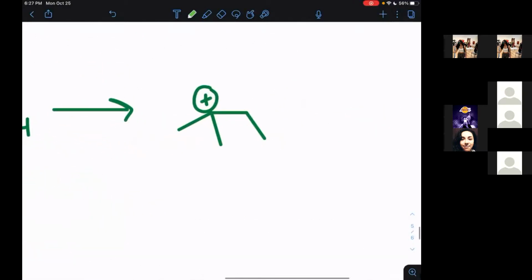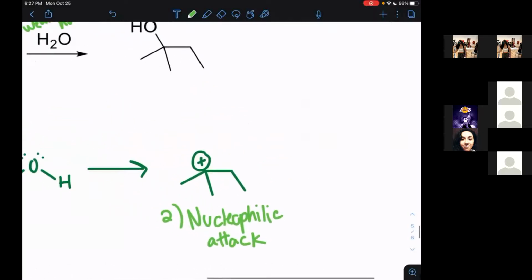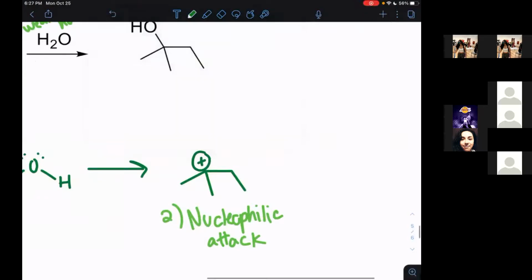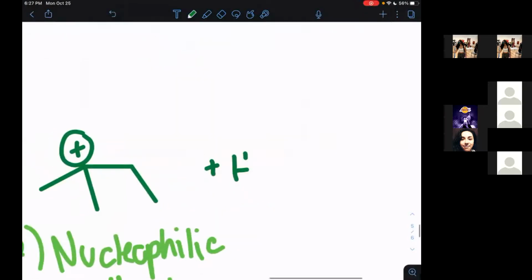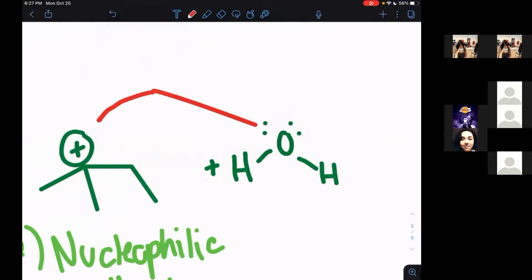And then second, nucleophilic attack. So we have that one, and then we have H2O. So this one will attack the carbon.